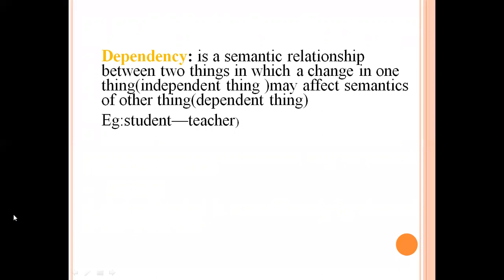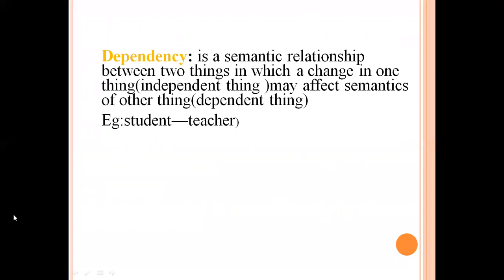The dependency relation means if there is any change in one thing, it automatically changes another thing. Suppose the relation between students and teachers. Suppose student is the independent thing, but the teacher changes. Suppose for third year students there is one class in charge, and for second year students, another class in charge.